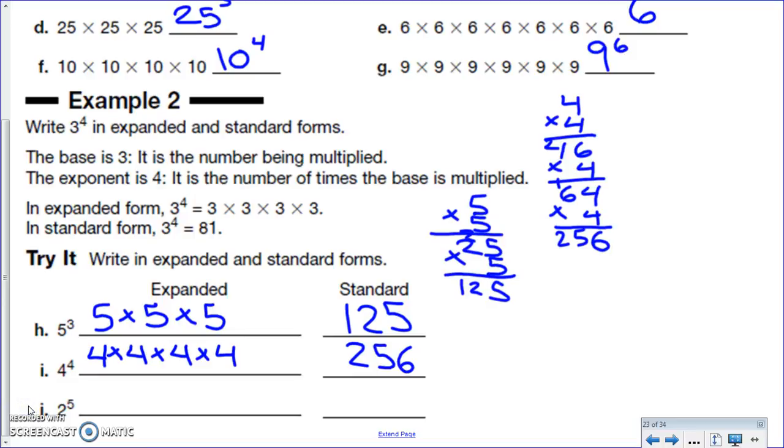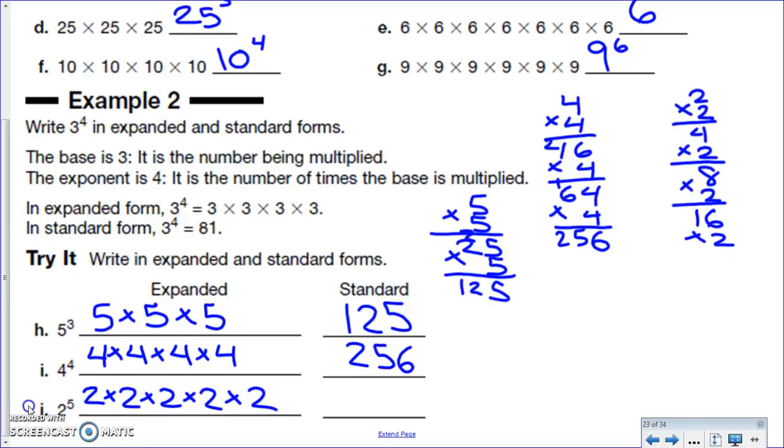For J, we have 2 to the 5th, so we're going to write out 2 times 2 times 2 times 2 times 2. And now we're going to go ahead and multiply them all together to get our answer. So 2 times 2 times 2 times 2 times 2 equals 32. Make sure you've copied down all the work for both pages and glue both pages in your math notebook.